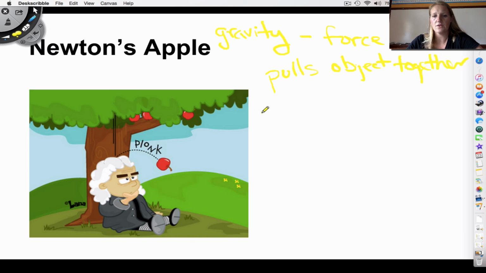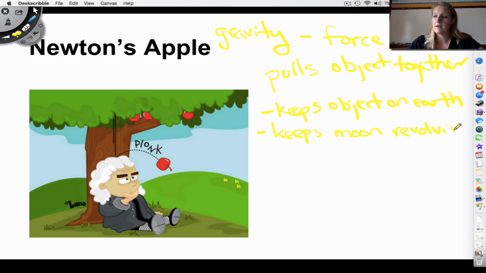Okay, it keeps objects on Earth, and that's the reason why a baseball doesn't keep flying, even though it's in a trajectory up, up, up, it eventually comes back down. It keeps the moon revolving around the Earth. It keeps the planets around the sun.